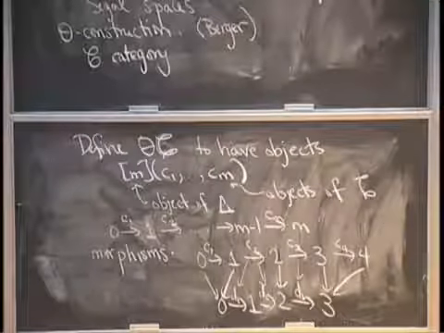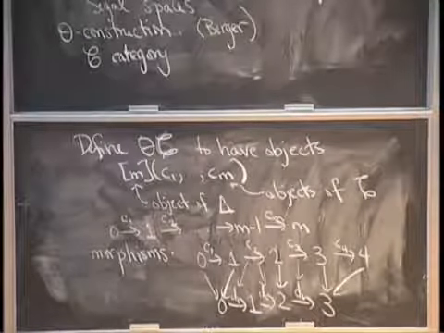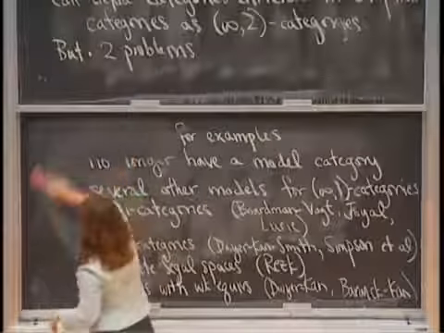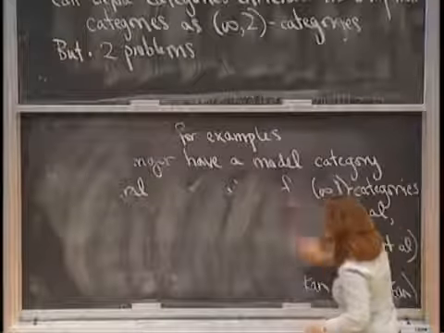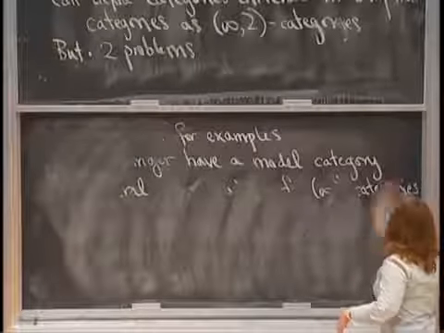Okay, so what does that have to do with what we're trying to do? Well, we're going to define a bunch of categories called theta n's.